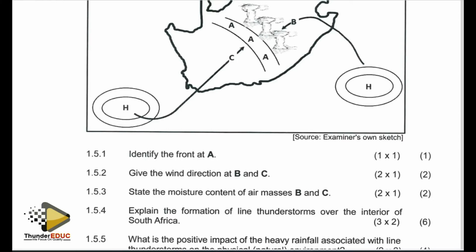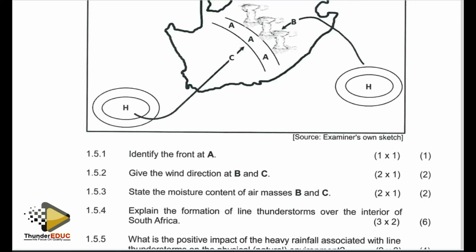Give the wind direction at B and C. Right, what wind direction is this one and what wind direction is this one? The wind which is fed from the South Indian, let's start at B here, the wind which comes from B in this instance is a northeasterly wind.